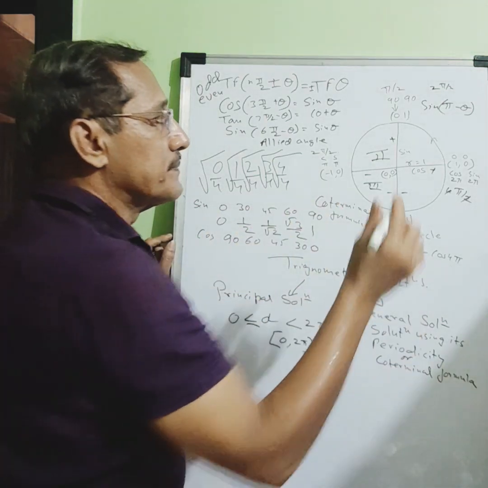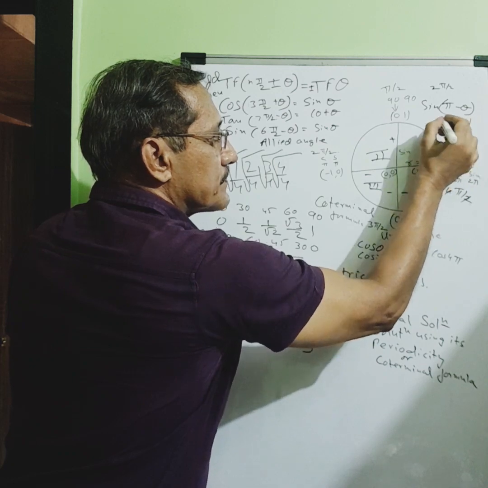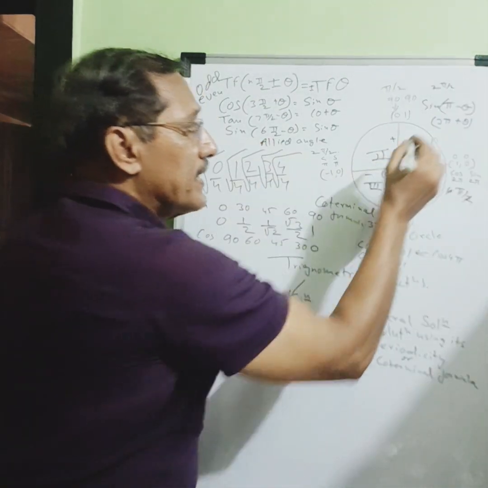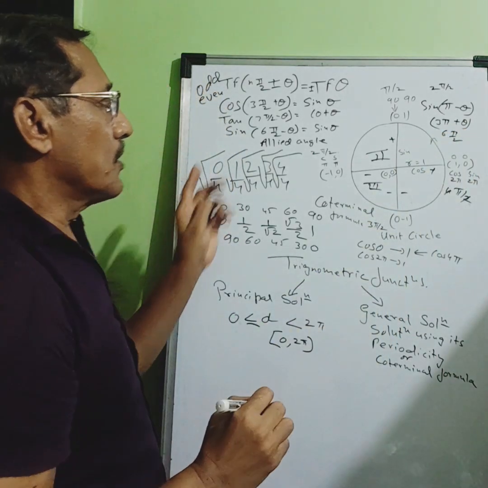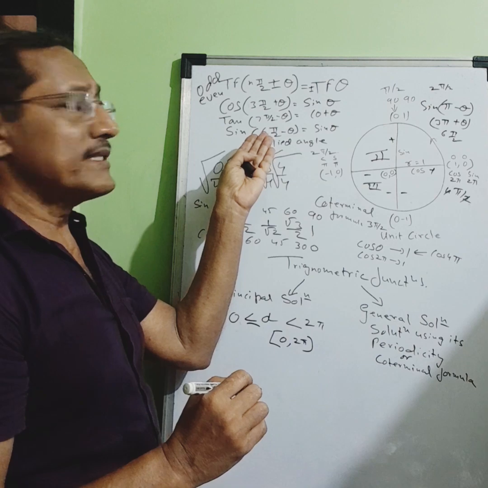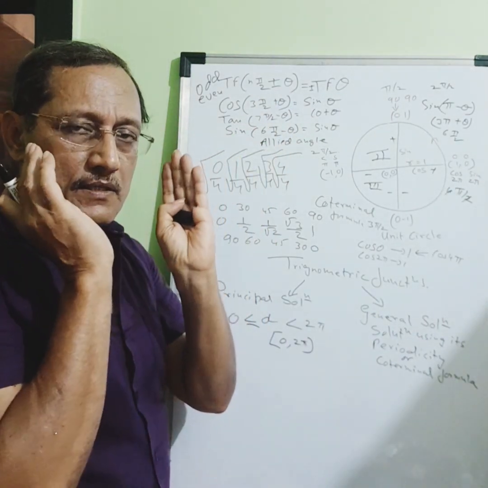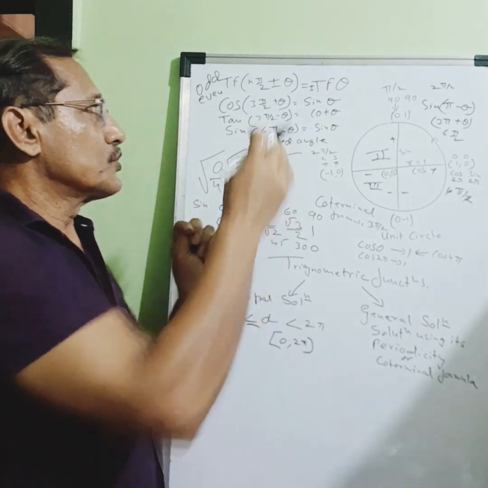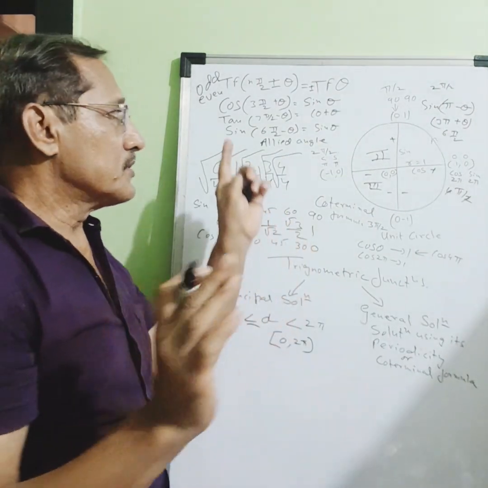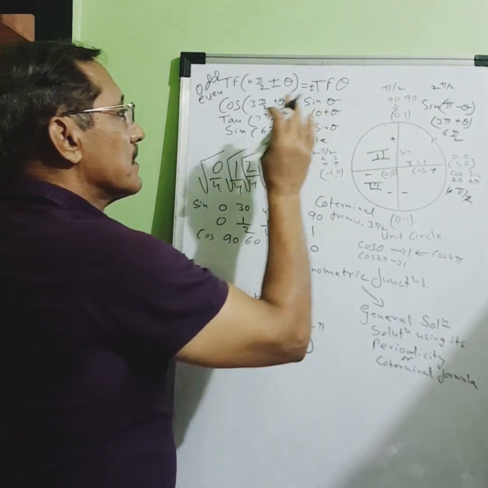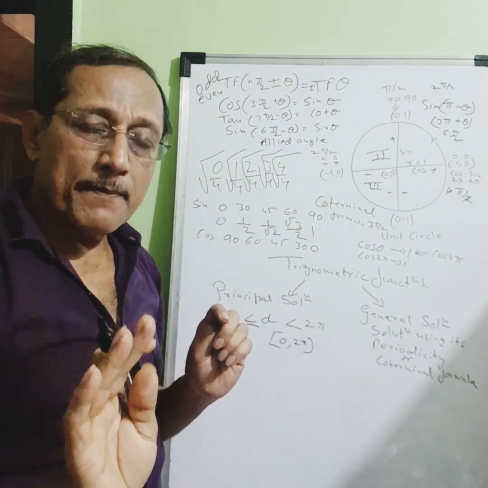Now if I say 3 pi plus theta, wouldn't it be 6 pi by 2? So you know this methodology, you need not learn these by heart. Directly apply your gray matter and get into it. So whether it be in terms of pi by 2 or in terms of pi, the same rules are applicable.